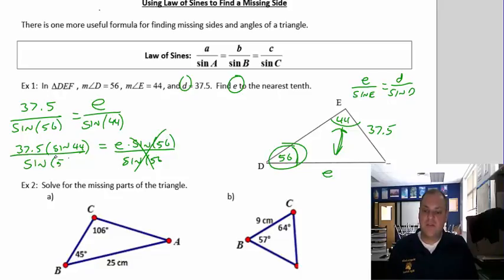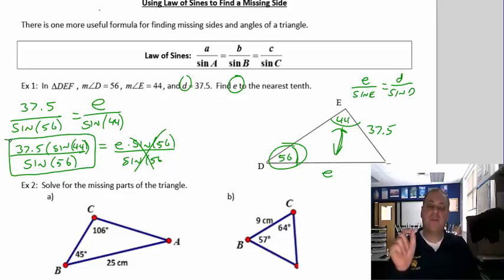We're going to put this right in our calculator: 37.5 times the sine of 44 divided by the sine of 56. Make sure you close parentheses on all your angles. Like if you do sine of 44, you got to close your parentheses. Sine of 56, close your parentheses. Good habits to get into. So literally you type this right in your calculator and e equals, I did it ahead of time just to save you time so you don't have to see me typing on a video, 31.4.